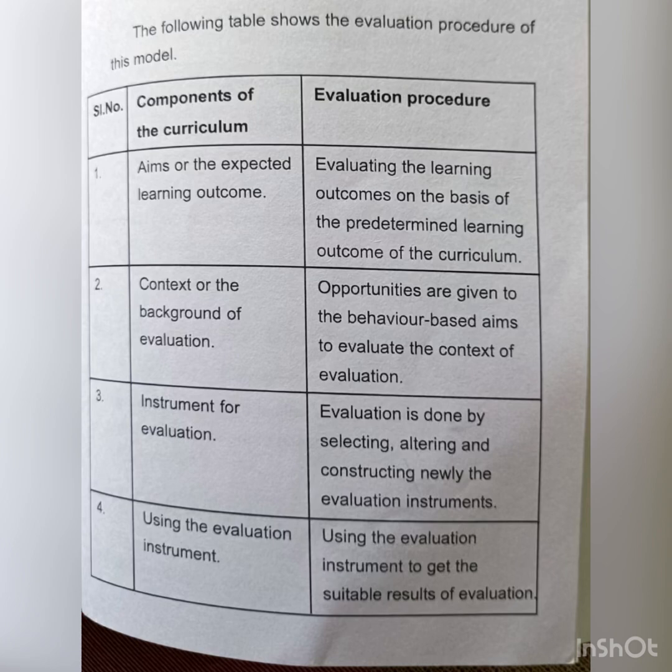The third one is instruments for evaluation, done by selecting, altering and constructing. The fourth one is using the evaluation instrument to get suitable results of the evaluation. The fifth one is analyzing results of the evaluation, that is finding the strengths and weaknesses of that curriculum.